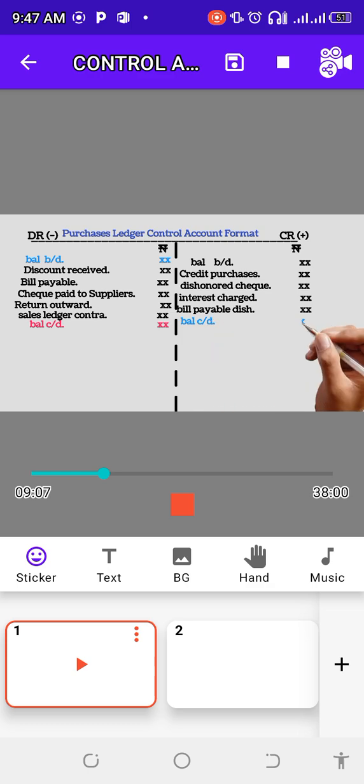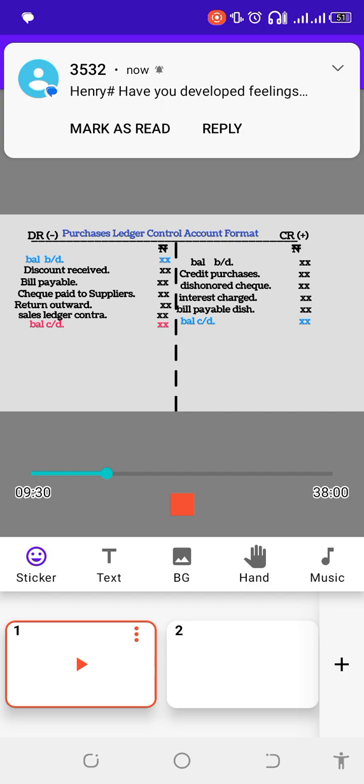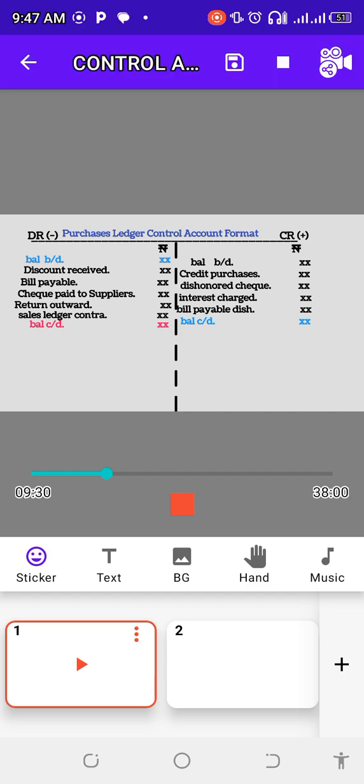While this balance carried down in blue color is as a result of the overpayments made by the business that have not been settled. So you add both sides together and bring down the balances as they occur.